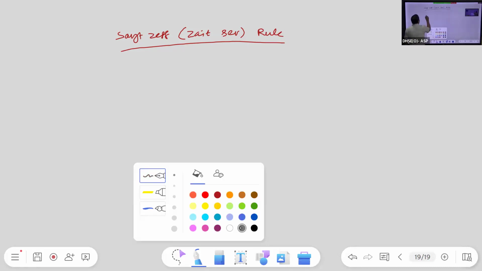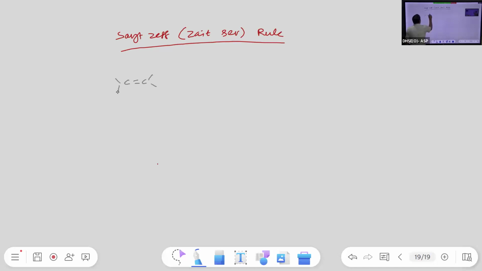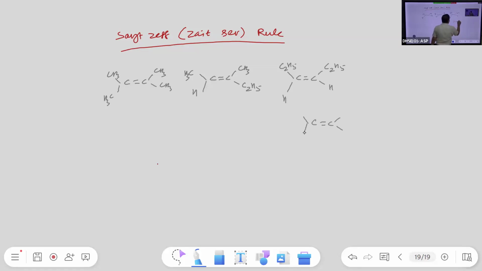Now, all are isomeric. Arrange the stability order of these alkenes, quickly.